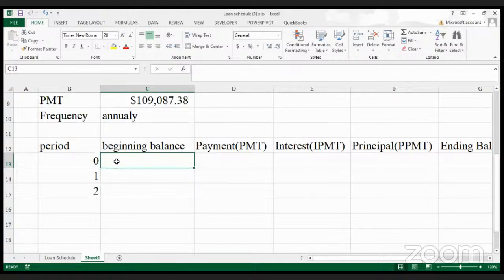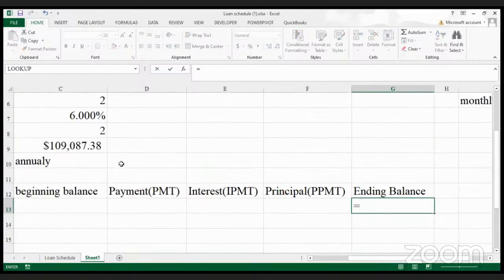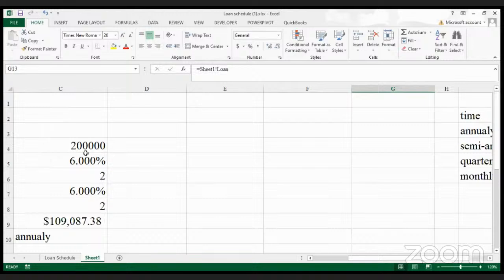Beginning balance for period 0 is 0, but ending balance for period 0 is the loan amount. So remember the loan amount, we just say loan. You will find it there. So it is the loan in the worksheet. That is what we pick. So it is the amount in the worksheet, this one here.